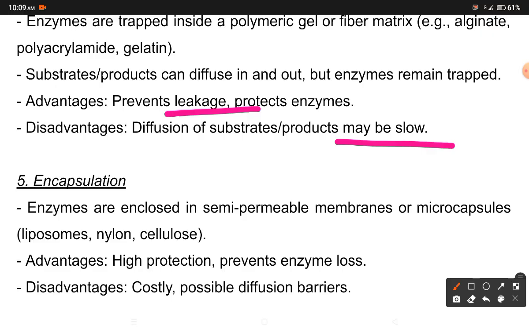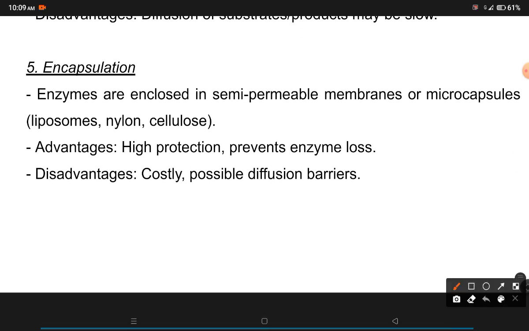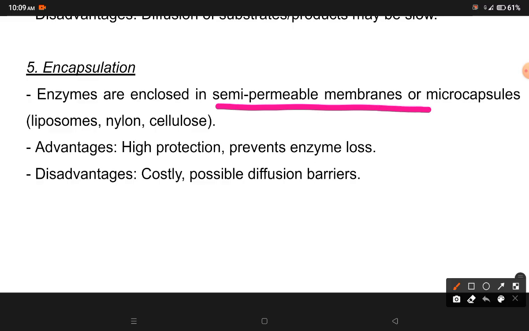And the last method is encapsulation. In this method, enzymes are enclosed in a semi-permeable membrane. Semi-permeable means it allows only particular contents to come in and go out, not fully permeable and not non-permeable. Microcapsules such as liposomes, nylon and cellulose are used.